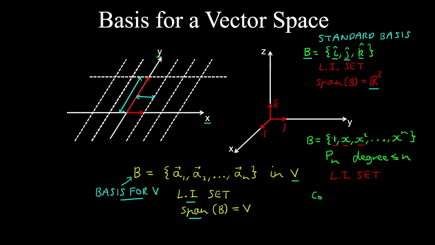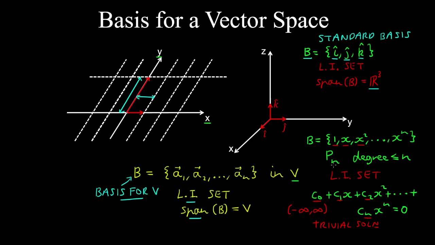Because recall that the coefficients multiplied by these vectors sum together, so we have c0 plus c1x plus c2x squared, and so on up to cn times x to the n is equal to 0 only if these coefficients are all 0, which is the trivial solution. Noting that x has an arbitrary value in the interval from negative infinity to infinity.